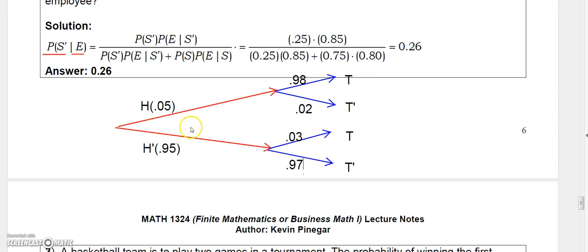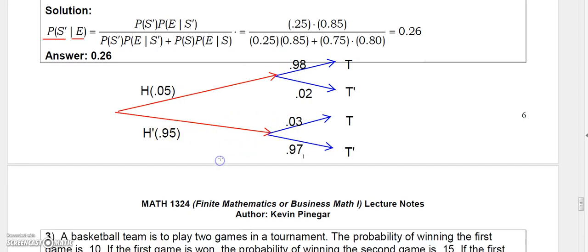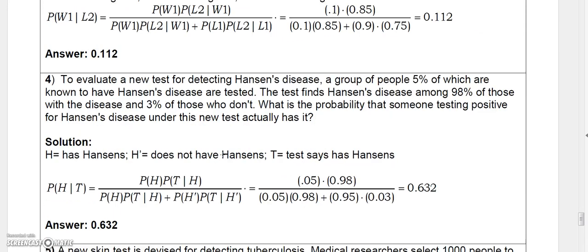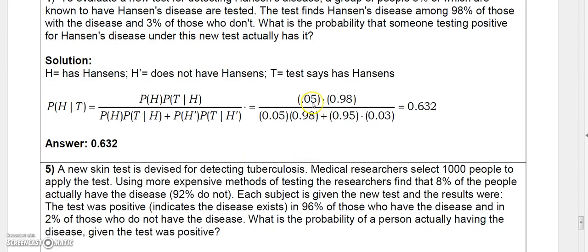And then in the denominator, all paths to T, 0.05 times 0.98 plus 0.95 times 0.03. And so you'll see that down here. So there's H to T right there. And then down here, this is one path to T, and this is the other path to T. And of course you add those up, and then you divide this, and you get 0.632.